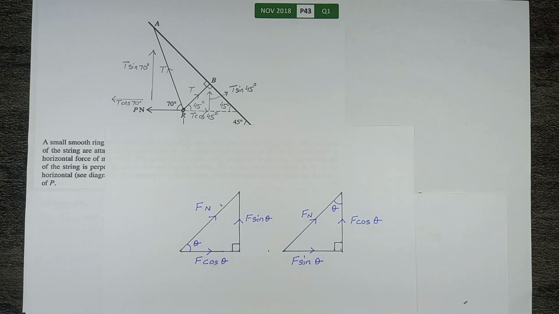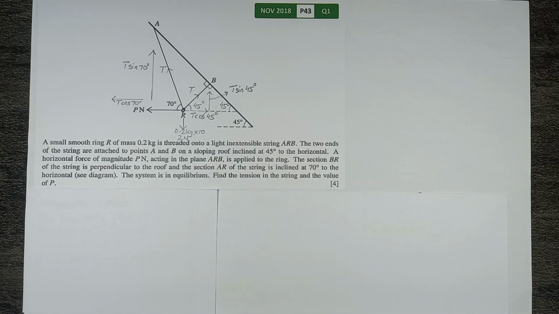So basically it depends upon the angle, whether the angle is with the x-axis or with the y-axis, and based on that we could easily get the components, the cos component as well as the y component.